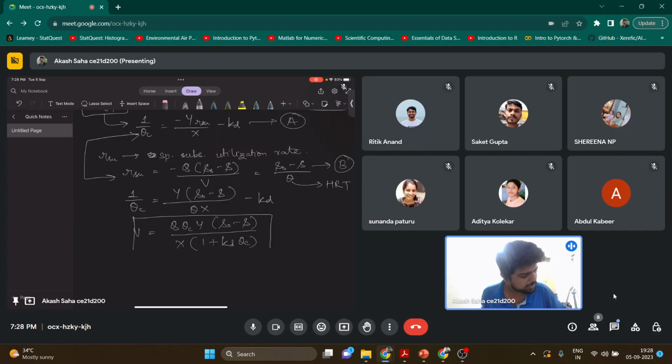This is the main equation we have to remember to find any of the parameters. Suppose you are given all these parameters and you have to find the volume of the aeration chamber, we can find it with this equation, or vice versa for any other parameter. We will solve some problems to see how to use this mass balance equation to find different parameters related to the activated sludge process.